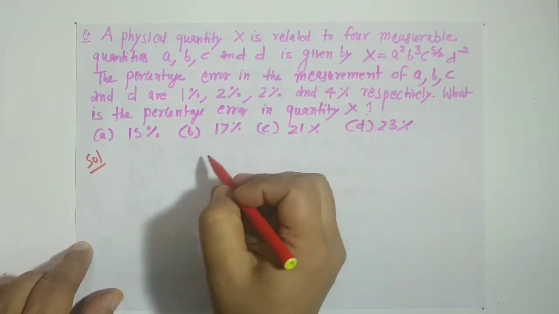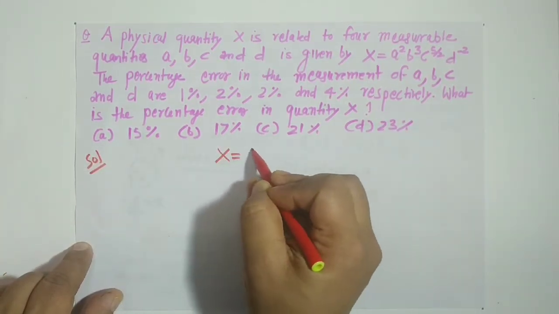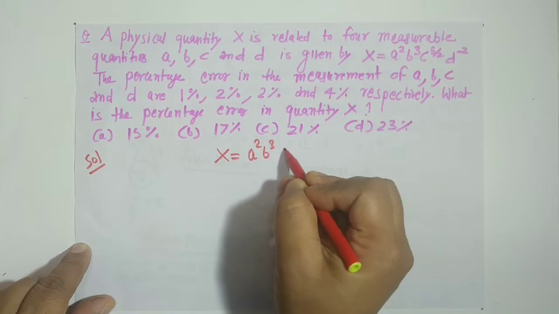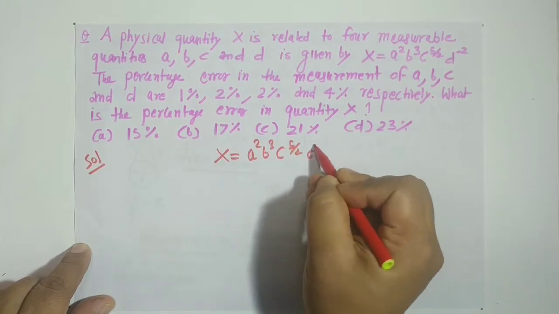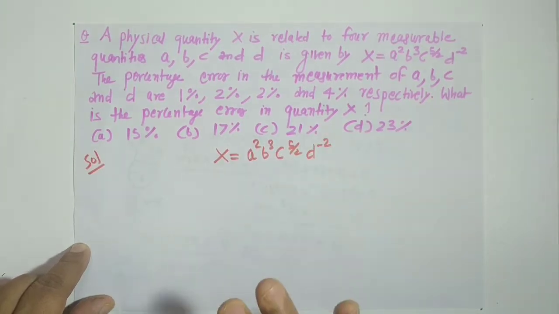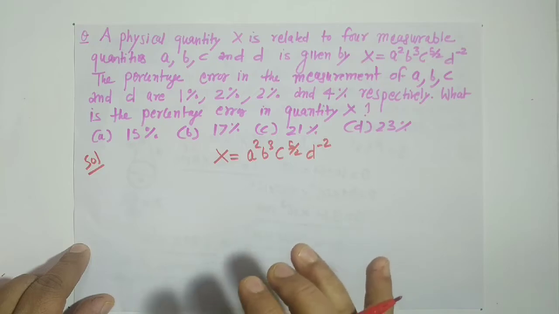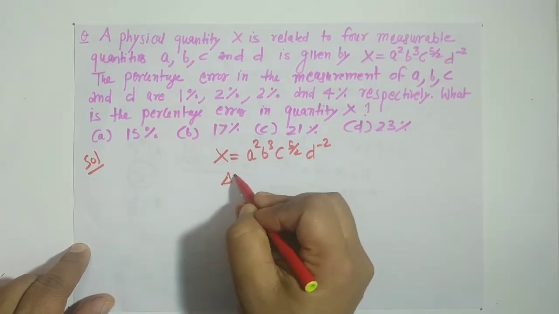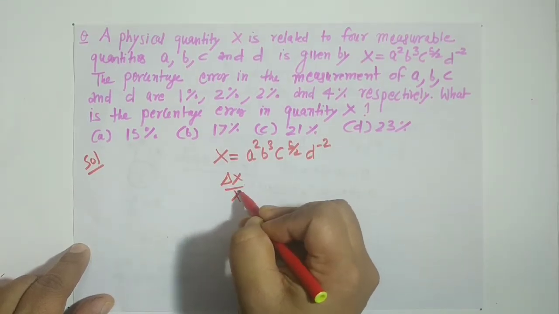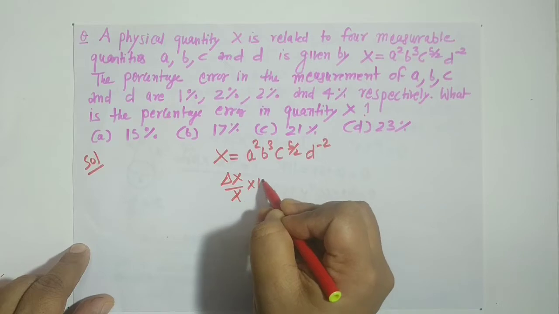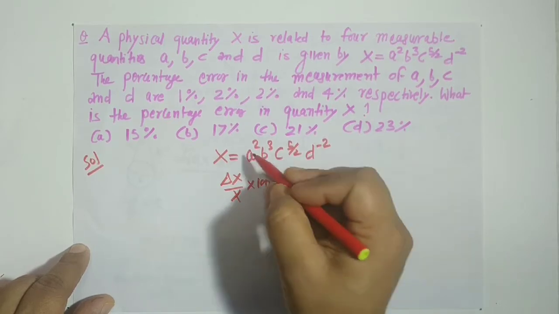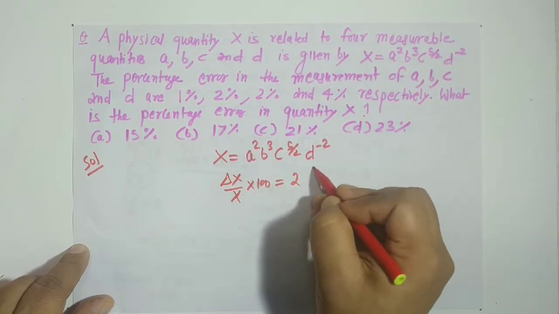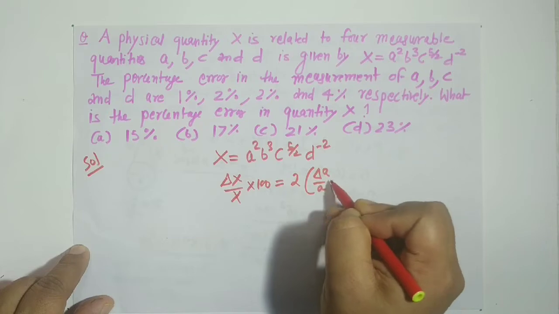You know how x is related: x is related as a square b cube c to the power 5 by 2 d to the power minus 2. And all of you know how to write it in a relative way: delta x by x. Now what you can do is directly multiply by 100. Then the power 2, remember, delta A by A into 100.